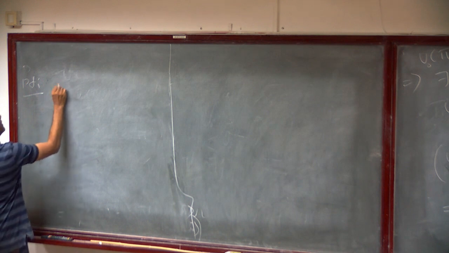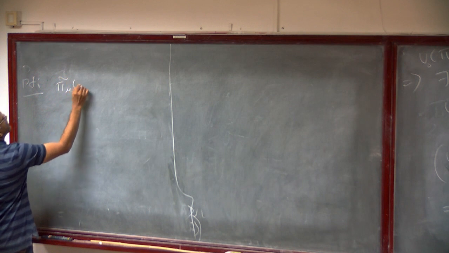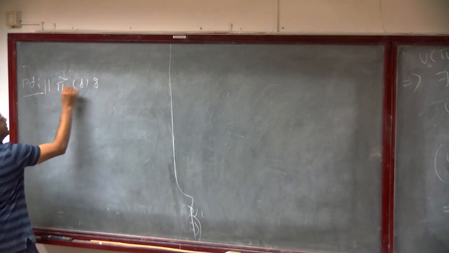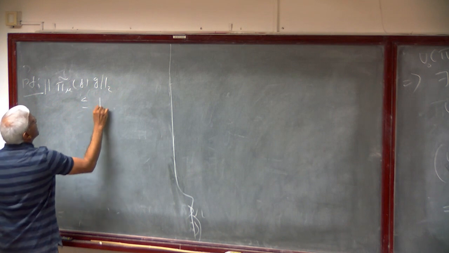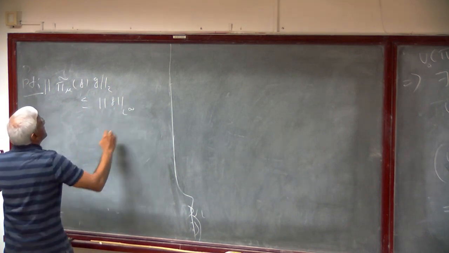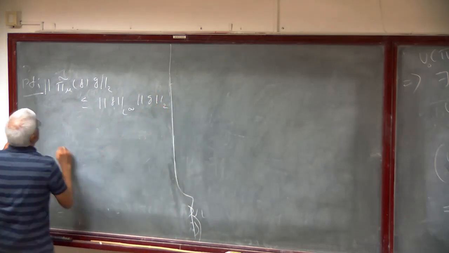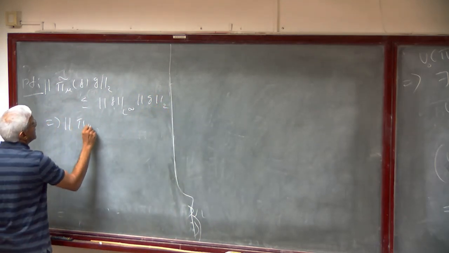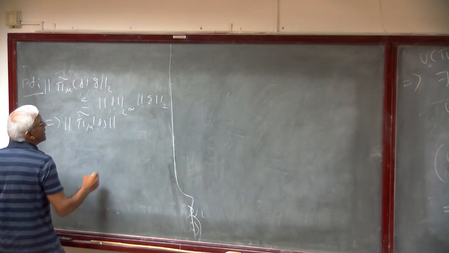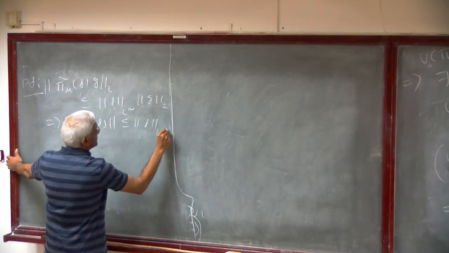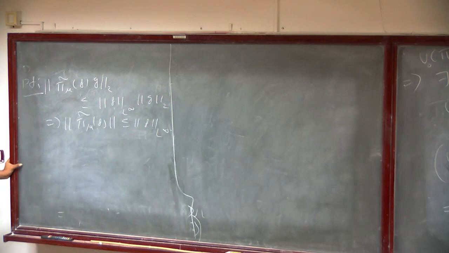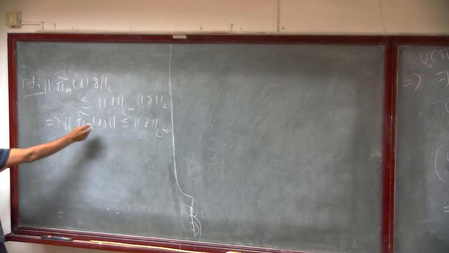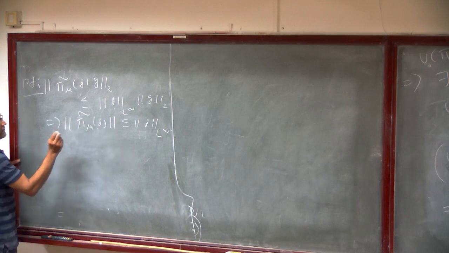So clearly, the L2 norm of pi mu tilde of F acting on G is less than or equal to the norm of F in L infinity times the norm of G in L2. So the norm of pi mu tilde F is less than or equal to the norm of F in L infinity. In the book we are following, Sundar's book, there is one argument given. I can go through that, but there is a better way of saying that this is actually equal to that.